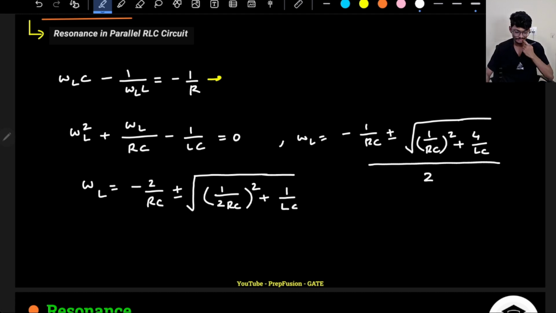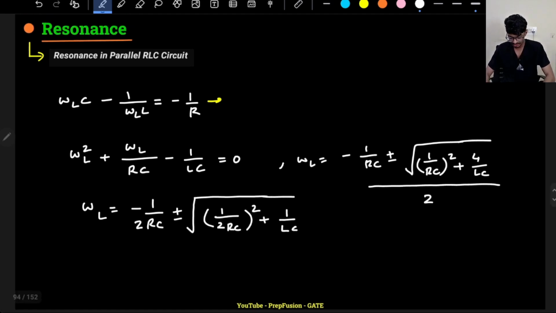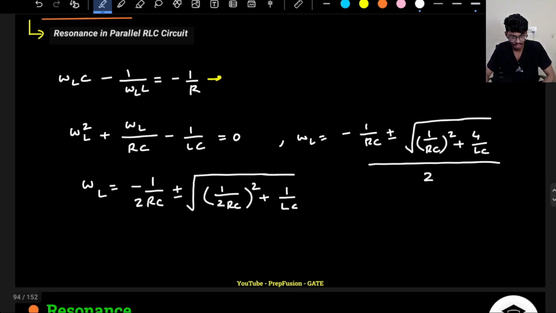Okay, sorry, this will be not 2 by 2RC but 1 by 2RC. So if I subtract the higher 3 dB frequency and the lower 3 dB frequency, I will get the bandwidth of the circuit. So bandwidth is defined as omega H minus omega L.